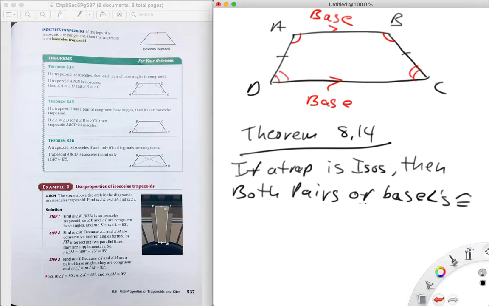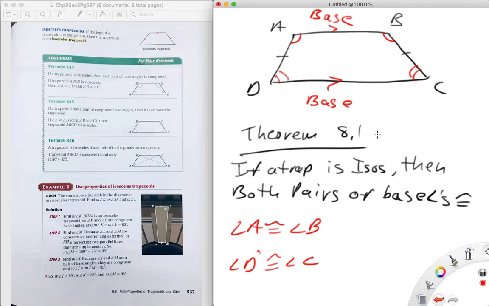So angle A will be congruent to angle B, and angle D will be congruent to angle C.